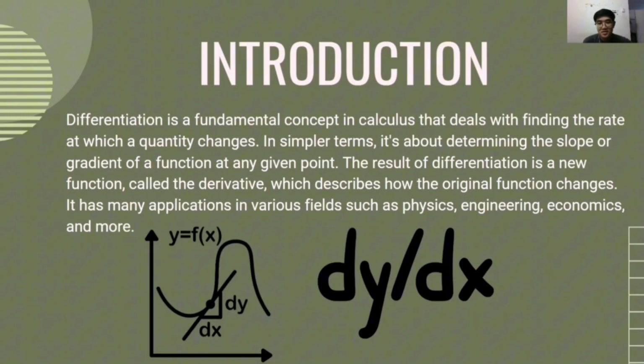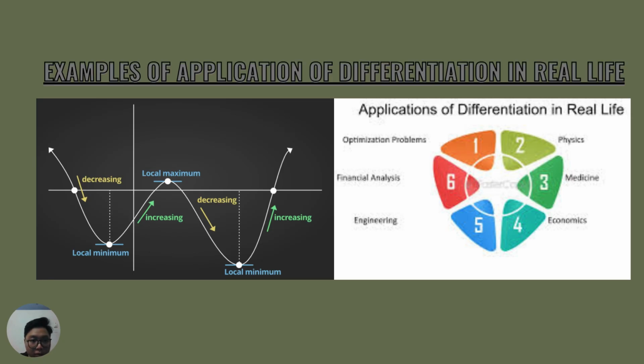The result of differentiation is a new function, called the derivative, which describes how the original function changes. It has applications in various fields such as physics, engineering, economics, and more. Today, I will be presenting examples of the application of differentiation in real life, and the summary and conclusion.